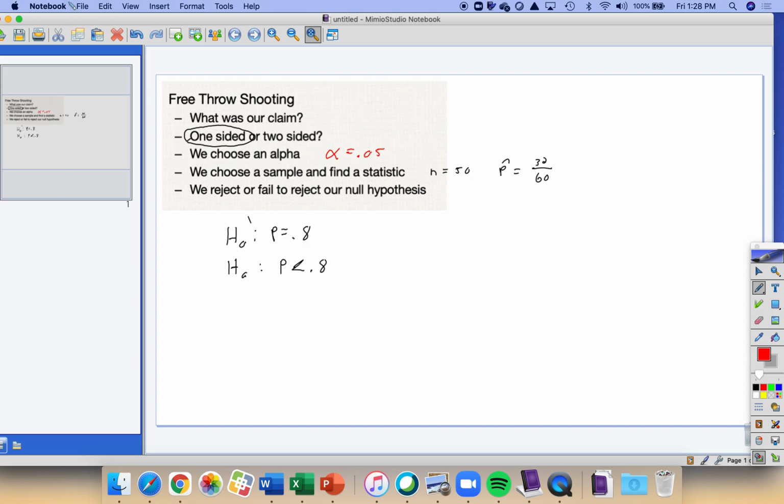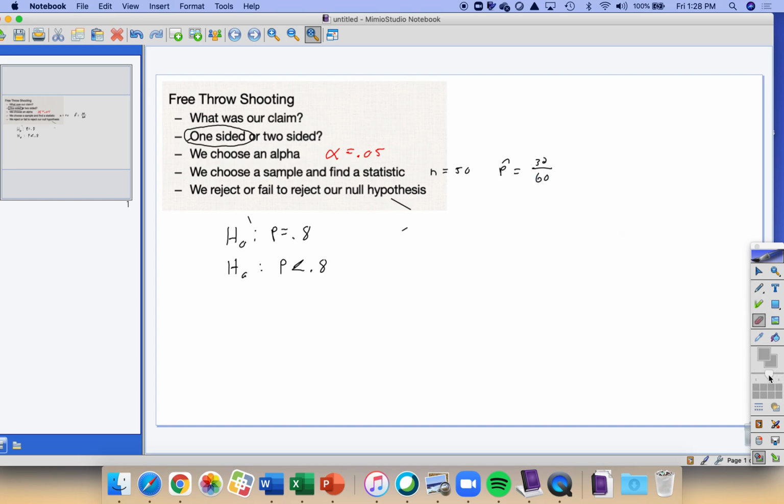Meaning that for any outcome probability that's below 5%, we're going to reject the null hypothesis. Any outcome probability that's above 5%, we're going to fail to reject the null hypothesis. We're going to choose a sample. Our sample size was 50, and we got a p-hat value of 32 over 50, sorry, this should be a 50, not a 60.